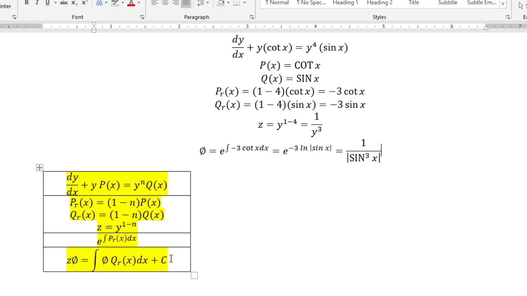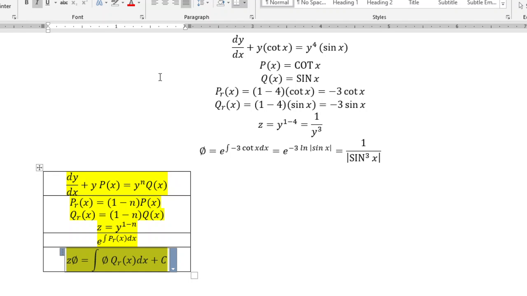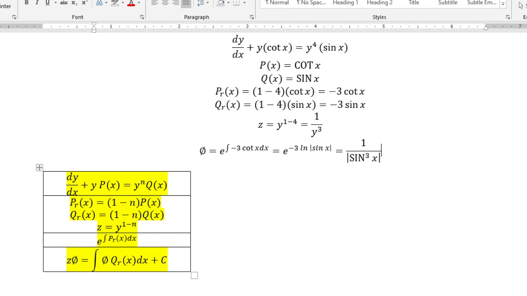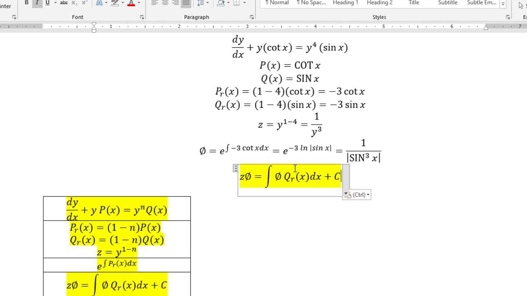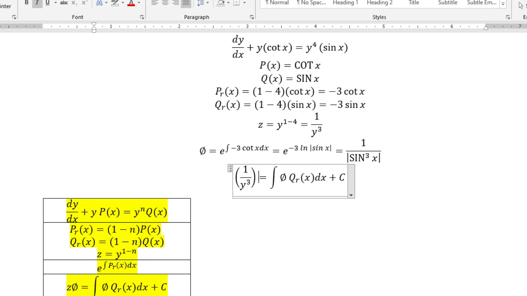So, eto, kukopya na natin to, c times P. So, ang z natin, 1 over y cube. Ang P natin, P will be ito.